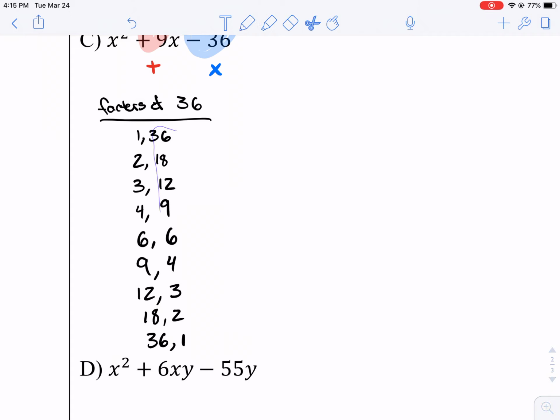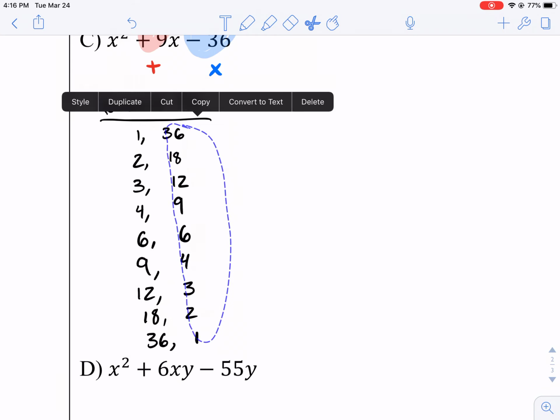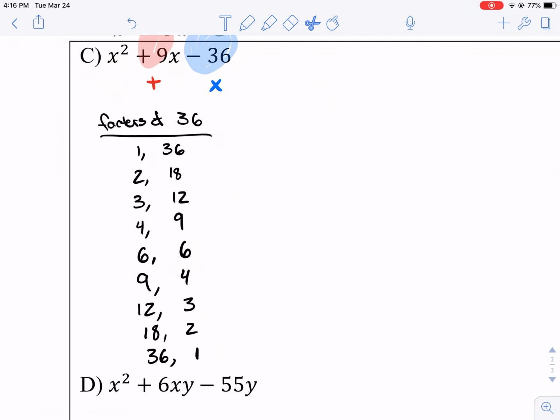Now our trick here is we're actually not trying to find factors of positive 36. We're trying to find factors of -36. So let's go ahead and just make all of these negative. 1 times -36, and let's see if that works.